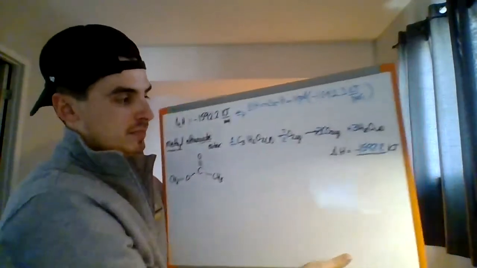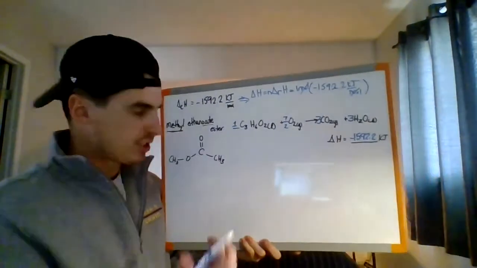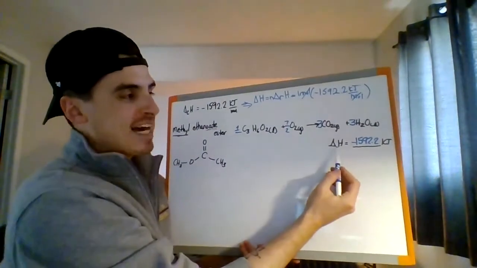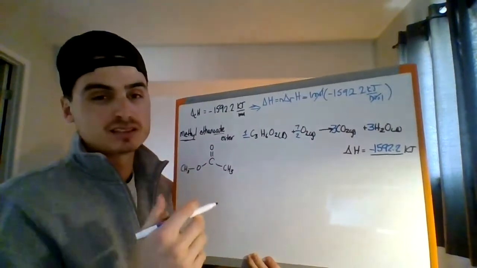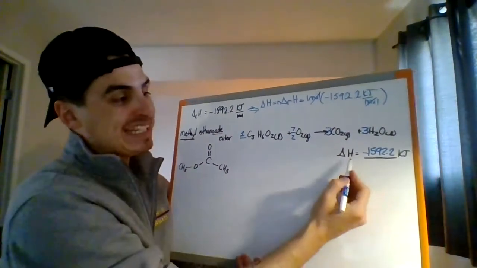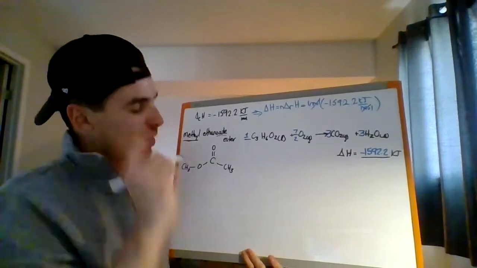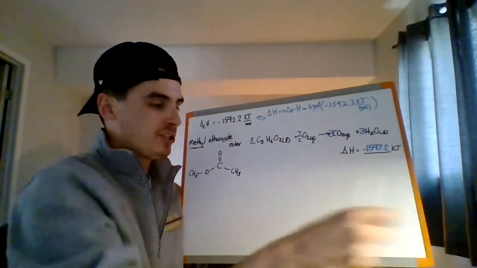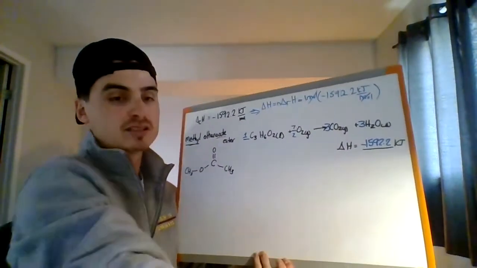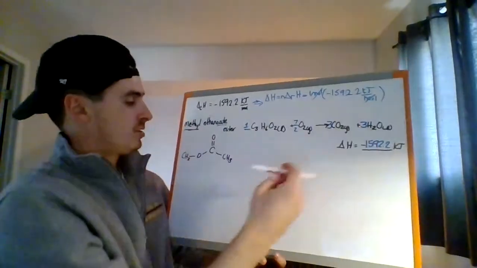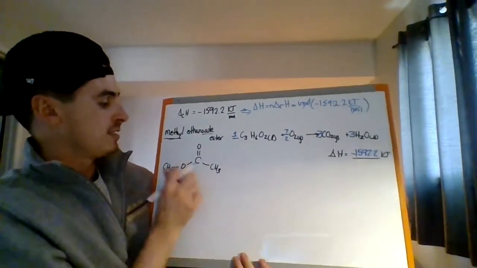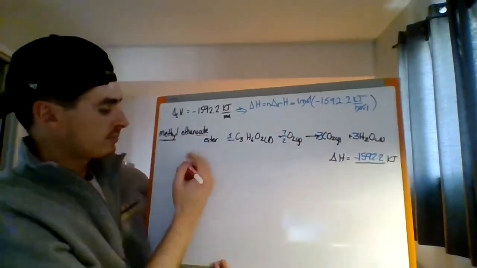Okay. Now I have delta H, but the question didn't ask me what delta H was. It asked me what delta FH is. But I need delta H to get to that point. Whenever I hear delta FH, boom, I have to use Hess's law 2.0. So I'm going to erase this drawing so I have more room.